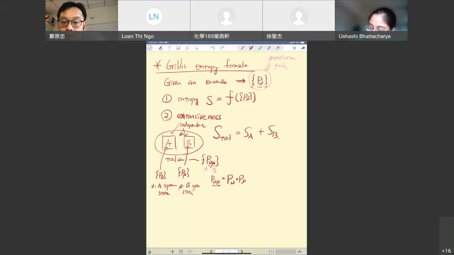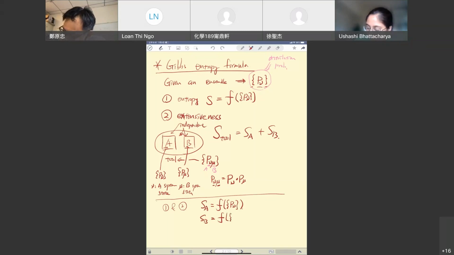Now we combine 1 and 2. SA should be some function of P nu, and SB should be some function of P mu.